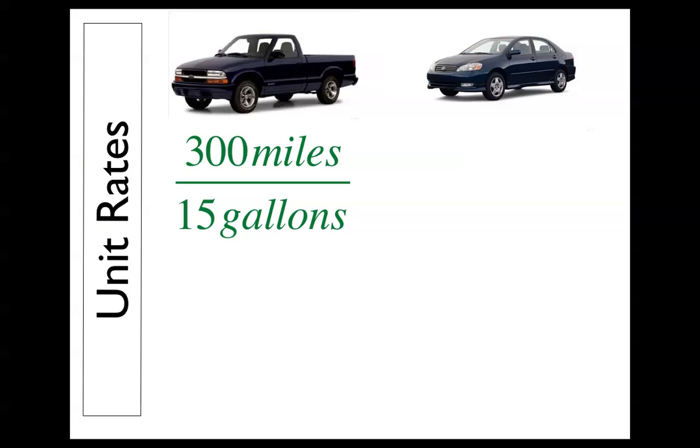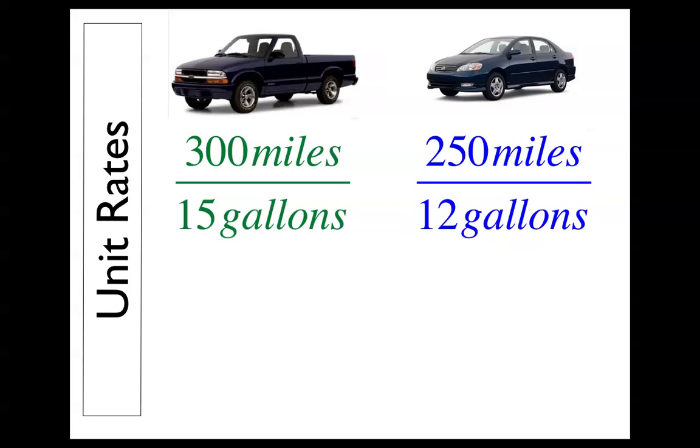My old truck had a 15-gallon gas tank, and I could go about 300 miles on those 15 gallons. So the rate that I could travel was 300 miles on 15 gallons. When I got my Corolla, it had a smaller tank. It could only fit 12 gallons of gas, and I could only go 250 miles.